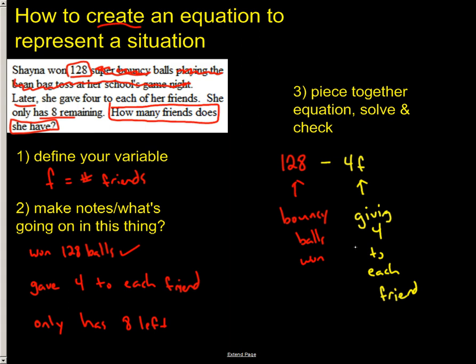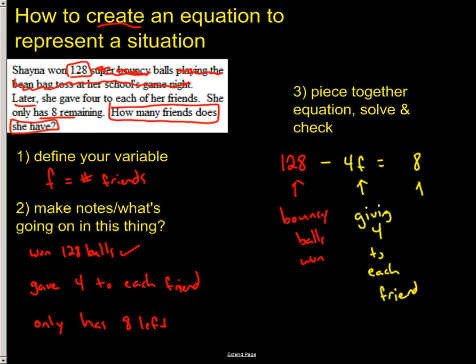Now, why am I subtracting? Because I'm taking away from the 128 she won before. This is 4, and F is just standing for the number of friends she has. So if she had two friends, she'd only give away 8 balls, and that would be 120 left over. However, I know that she gave away so many that she only has 8 left over.